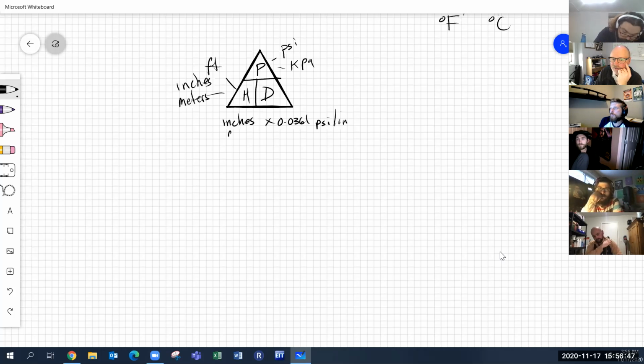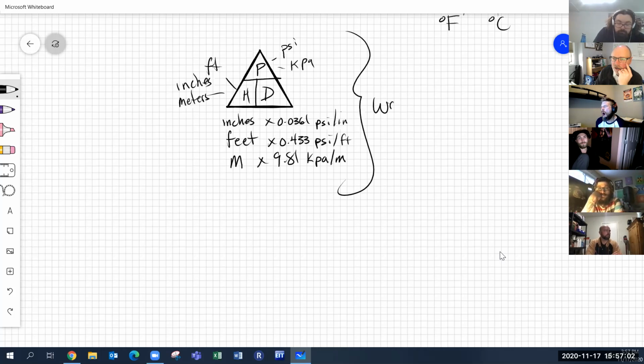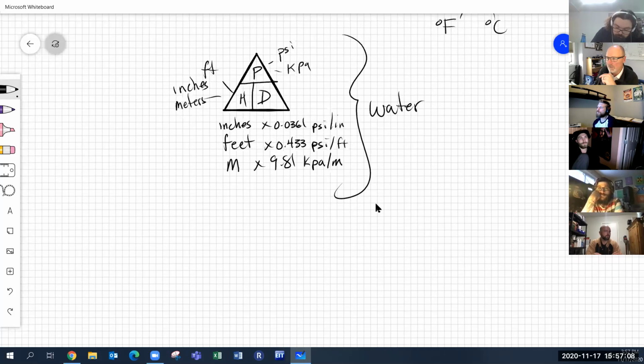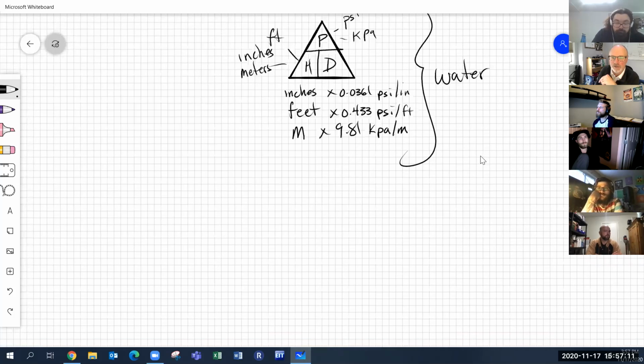You should know that. My height is in feet. We multiply by 0.433 PSI per foot. My height is in meters. I multiply by 9.81 KPA per meter. Now this is for water. And your question says water. So let me just come down here a little bit.